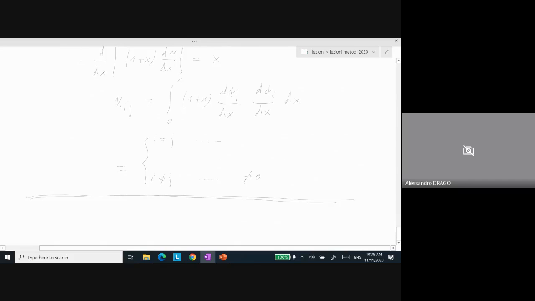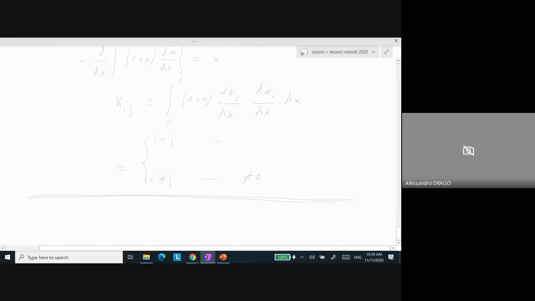So we need to introduce the third ingredient in our analysis. Let me try to do this in the next 20 minutes, at least in part, and tomorrow we will discuss it better. So which is the third ingredient? Recall for a moment what we need.